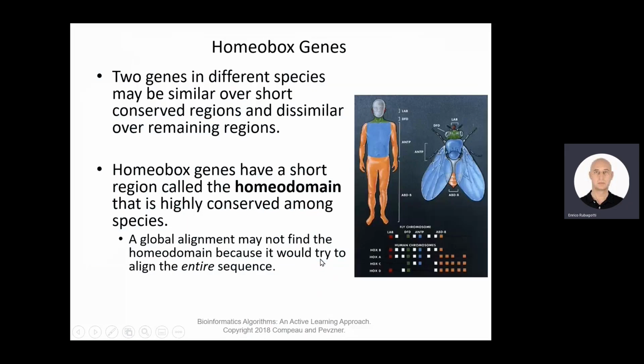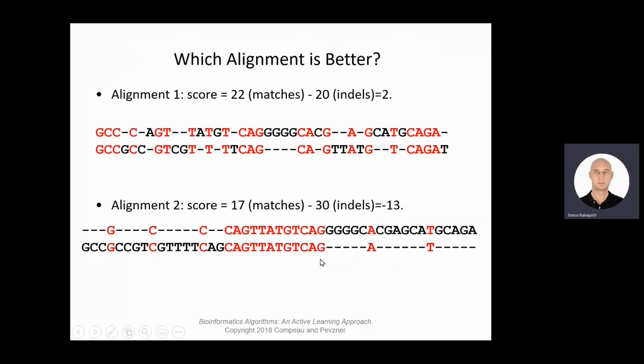We backtrack, okay? What is the problem? In this alignment, I have 2 alignments. In the first one, I have 22 matches and 20 indels, and the score is 2.